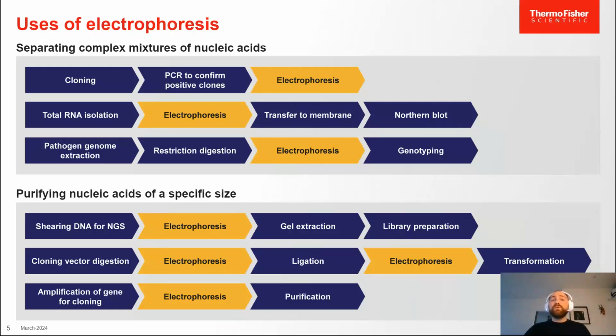It can also be used for DNA and NGS library preparation, to assess the size and isolate the proper size of your library that fits your application. And finally, amplification of genes for cloning. This is basically what I mentioned previously, but it can also be used for general PCR analysis and, again, genotyping.